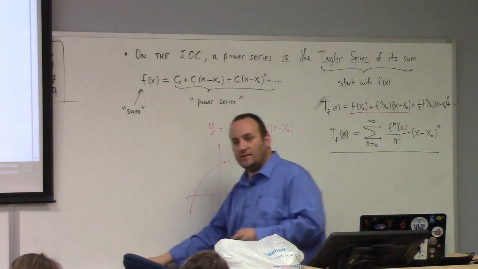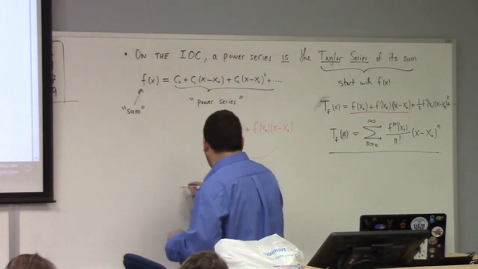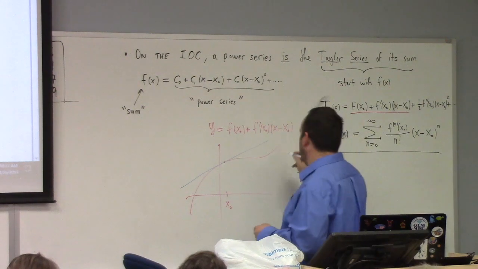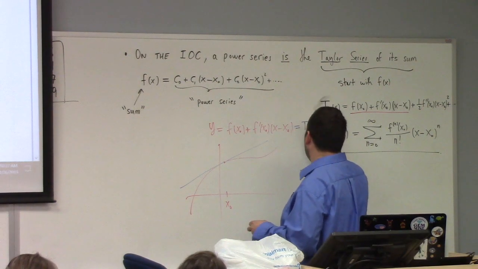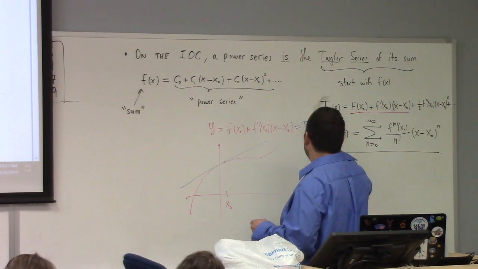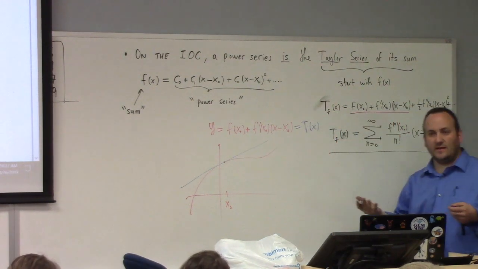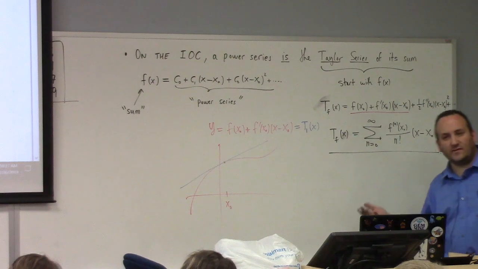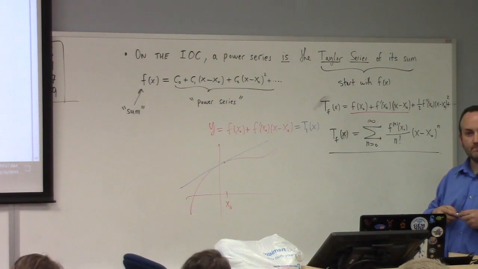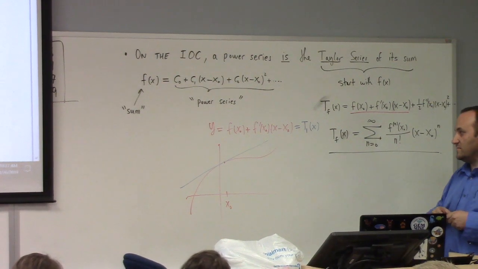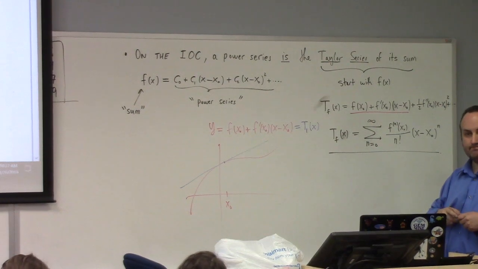Yeah, that's the tangent line. So this is what I call T1 of x. This is the first Taylor polynomial, the first order Taylor polynomial of x. All right? T0 of x is just f of x naught.